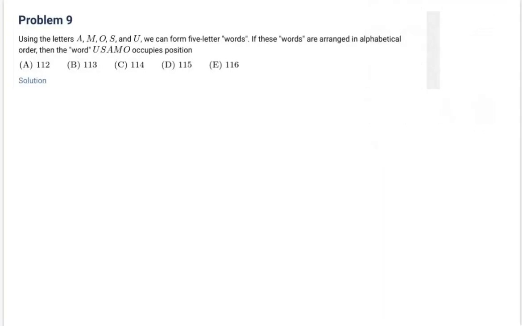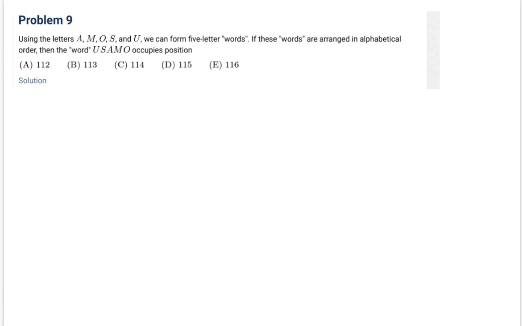Problem number 9, using the letters A, M, O, S, and U, we can form 5-letter words. If these words are arranged in alphabetical order, the word USAMO occupies position. Okay, so U is the last letter, but then it has to become the first letter.